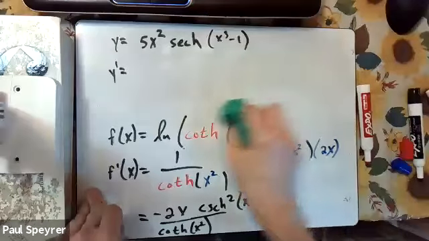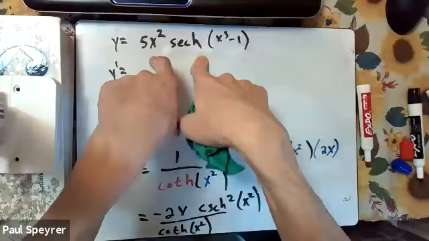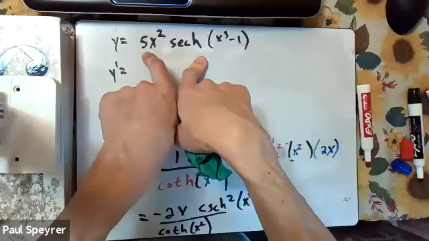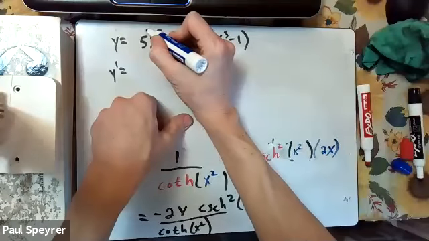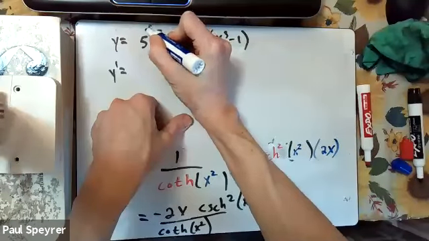How do we do that right there? We're multiplying two different terms, right? We have an algebraic thing times a hyperbolic trig thing. What should that tell you? Oh, I have to do the product rule.